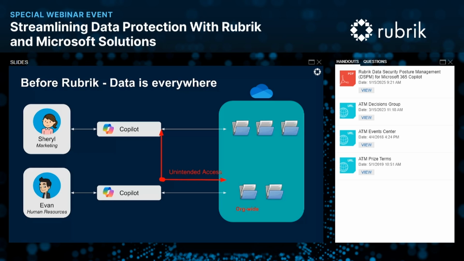So what Copilot allows organizations to do, I think is very clear, right? It can allow Cheryl or Evan to query Copilot, query their organizational data, and get a response from Copilot based on the data that it was trained on.